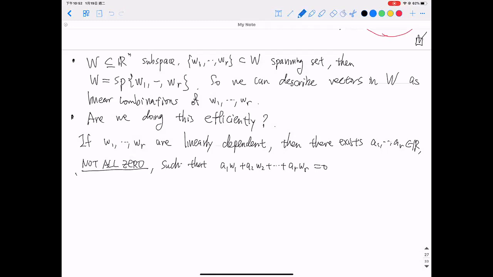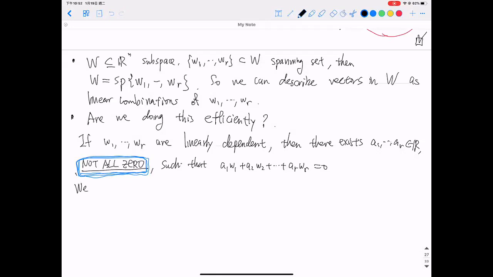And a key requirement is that these numbers A1 through AR are not all 0.